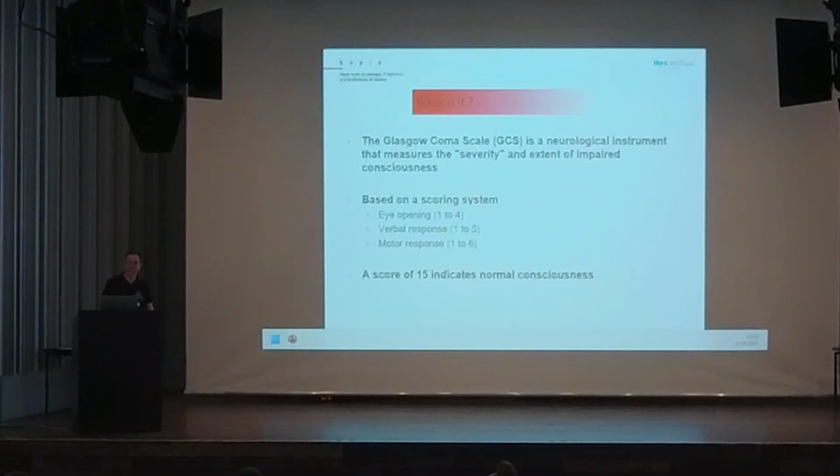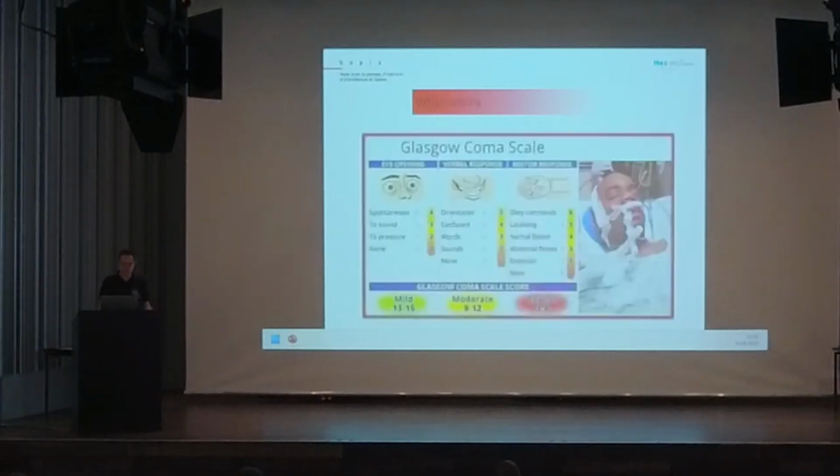The second thing is everything which is verbal exchange, how he answers questions, can he situate himself, etc. So it's what we call verbal response. And we have also motor response. There is some analysis we can do to see if he reacts normally or not to some stimulus. And based on these 3 evaluations, we get to a score.